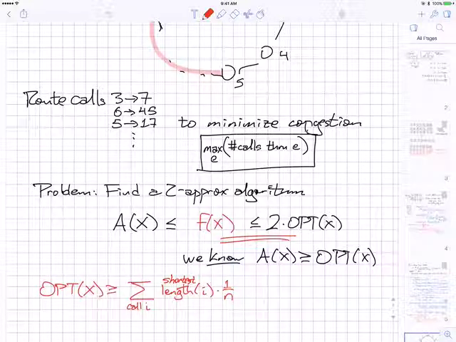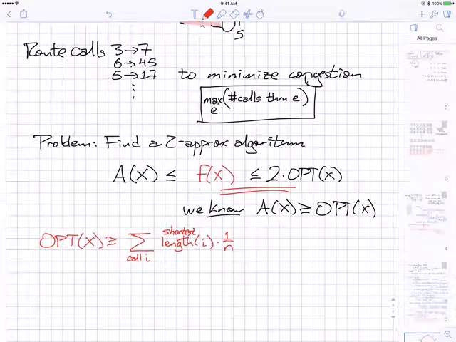An average is 1 over n times the sum, and I already argued that if I want to minimize the sum, I should send every call along the shortest path, clockwise or counterclockwise, whichever goes over fewer edges. So I'm going to take this distance, summed up over all calls, and then divide by n. Okay, so this is a reasonable lower bound, where n here is the number of nodes, not the number of calls. I'm averaging over edges, not averaging over calls.